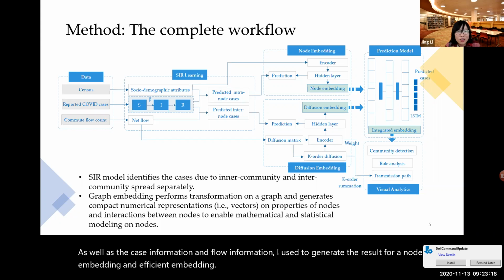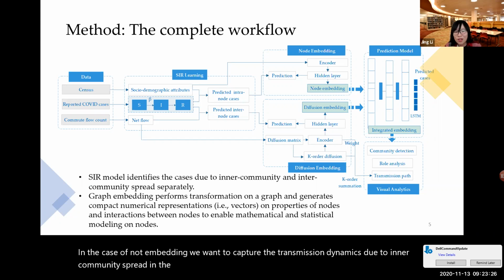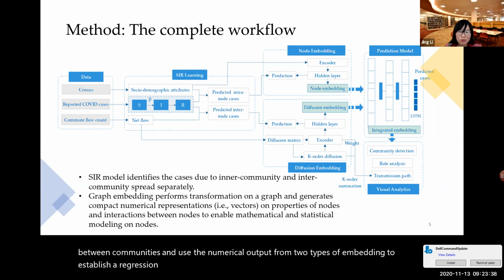In the case of node embedding, we want to capture the transmission dynamics due to inner community spread. In the case of diffusion embedding, we want to capture the interaction between communities and use the numerical output from two types of embedding to establish a regression model and make predictions for the cases.